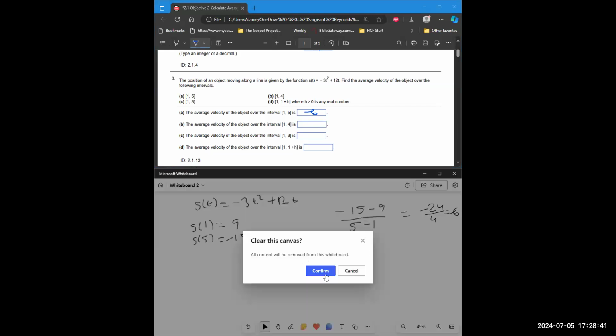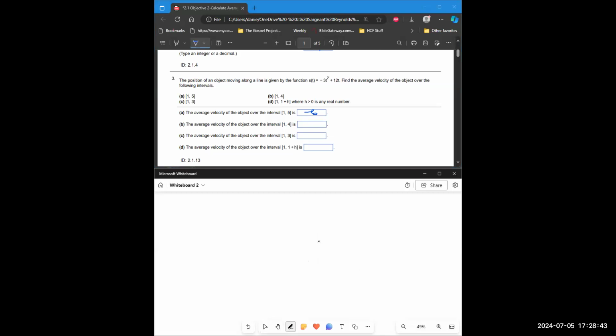Now we need s of 1 and s of 4. We already found s of 1. S of 1 was 9. So now I need s of 4.